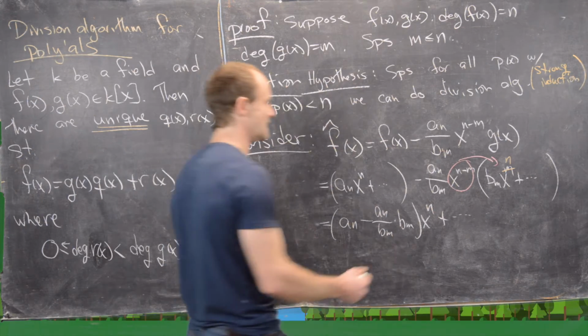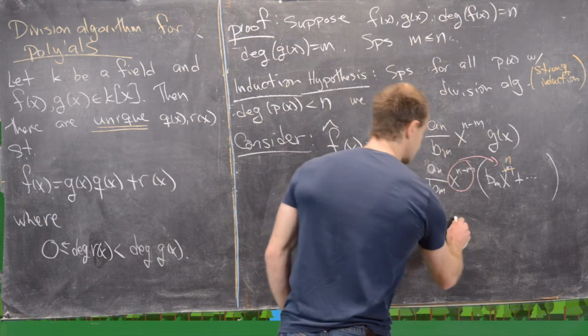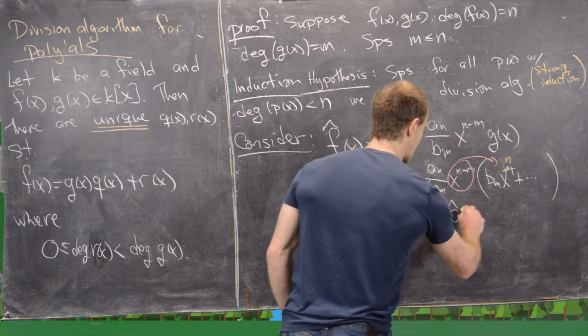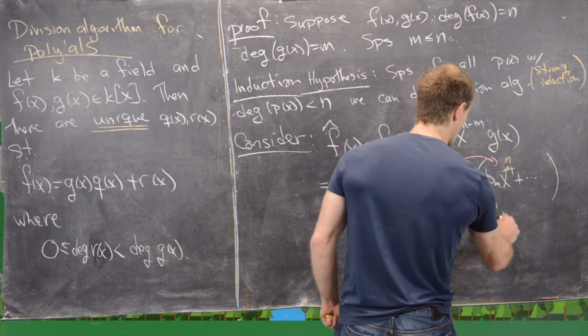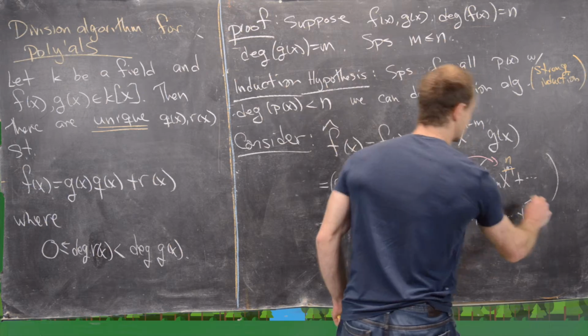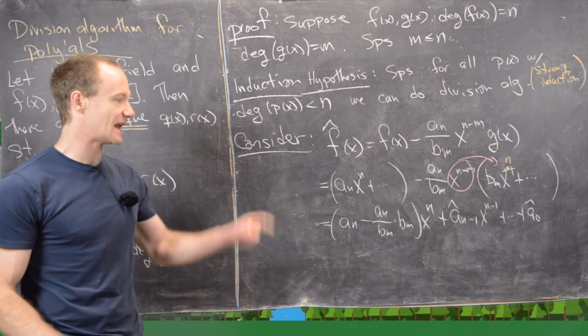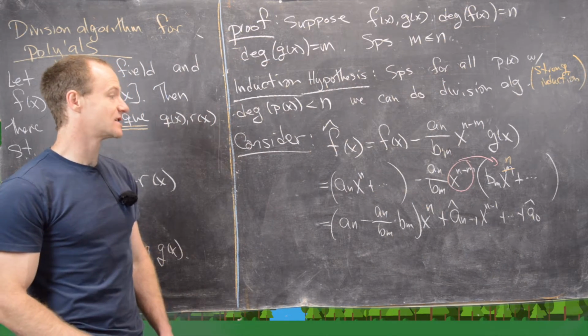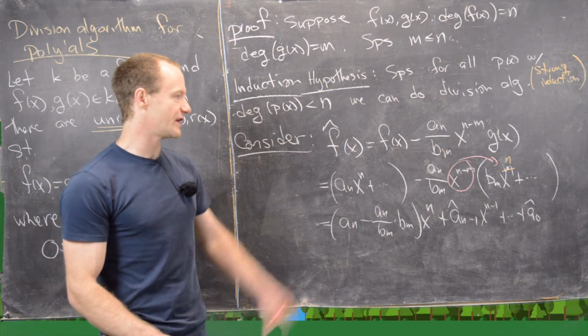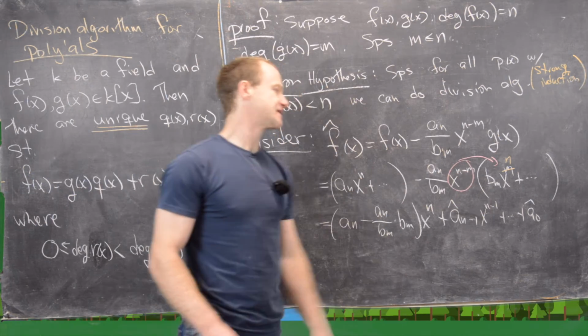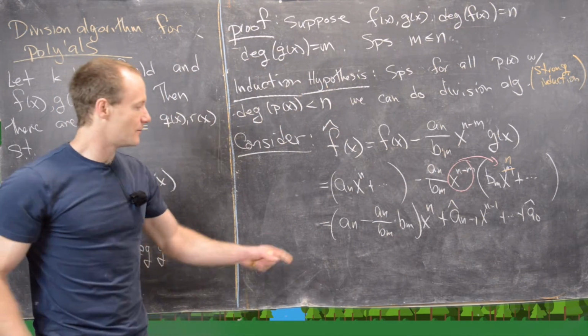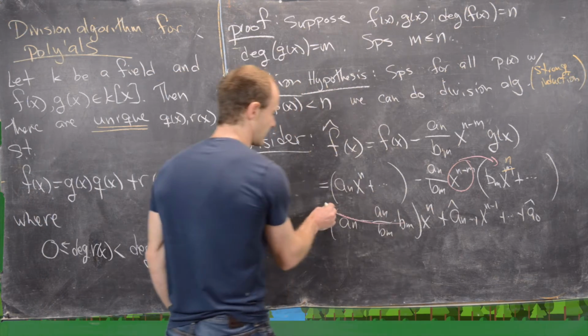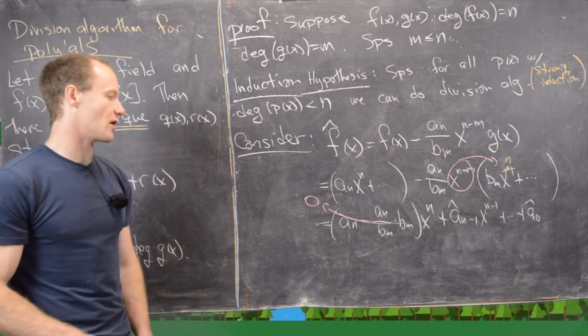Now I'm going to start giving a name for those lower terms. So I'll say a sub n minus 1 hat, x to the n minus 1, all the way down to a sub 0 hat. And I should say that those hats are related to the original coefficients after we've subtracted this thing out. But now notice this part is very clearly 0.